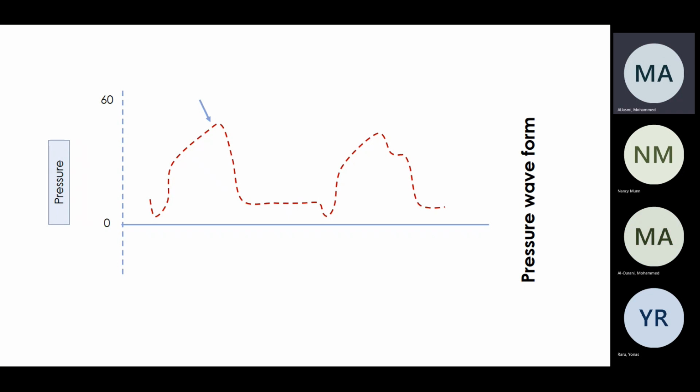If I ask someone to take a volume and put it inside the lung, I need power to push that volume inside the lung, and I need to face resistance from the flow, from the airways and the alveoli. So if there are changes in peak pressure, it might be a problem with the resistance or a problem with compliance. So that's the peak pressure.